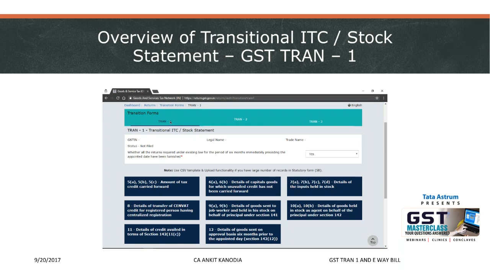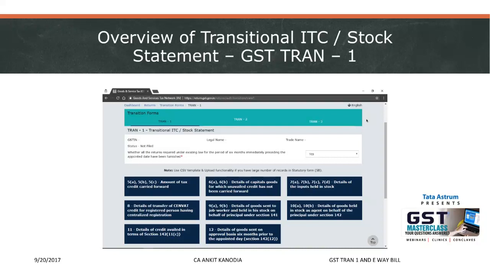Similarly, there will be some service bills where the service provider may have given the service and raised an invoice in the month of June, but due to the processing and time taken, the bill is received by the company in the month of August or July, when GST has already set in. To cover all these situations, we have this TRAN 1 form available, wherein there are separate sections under which you need to take the credit.